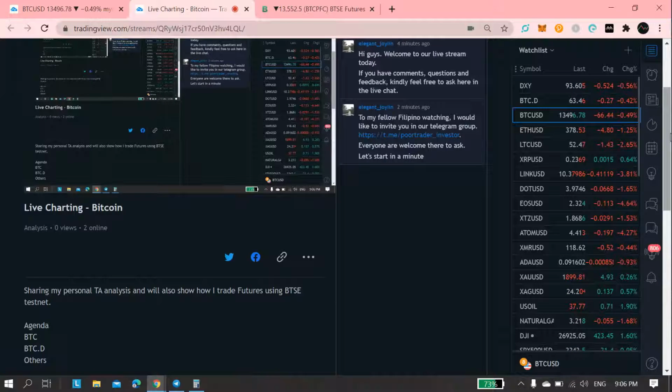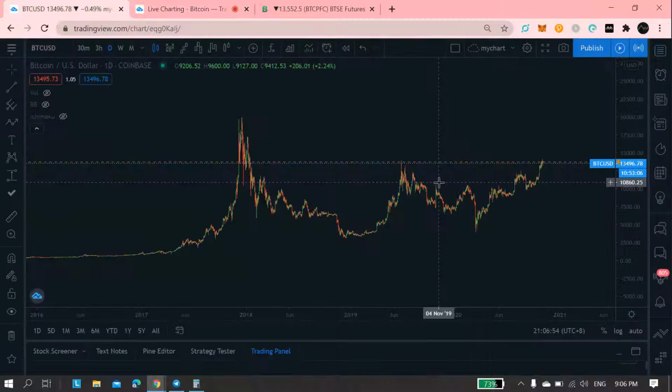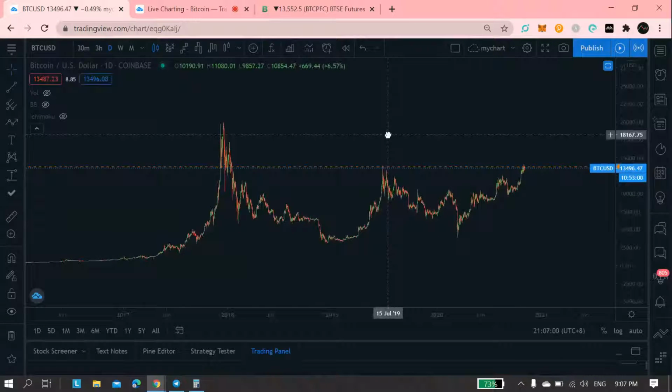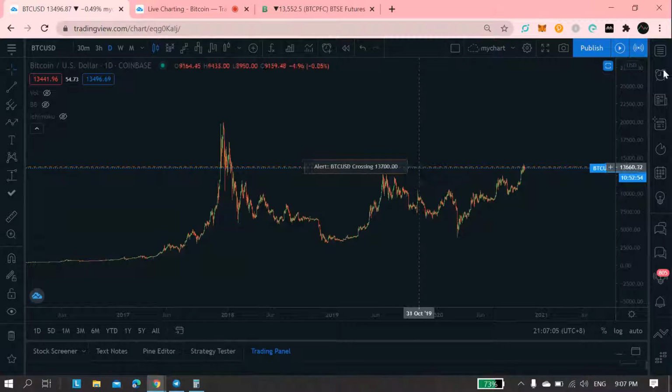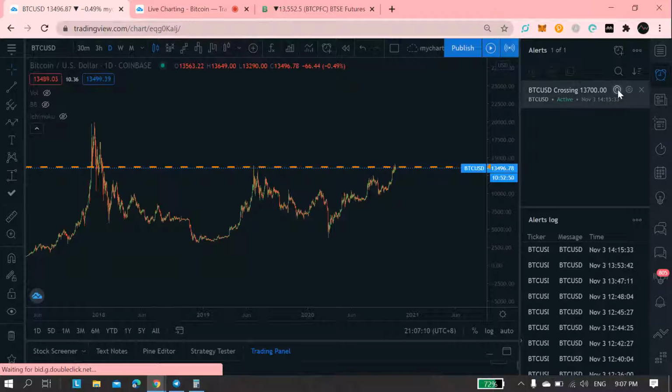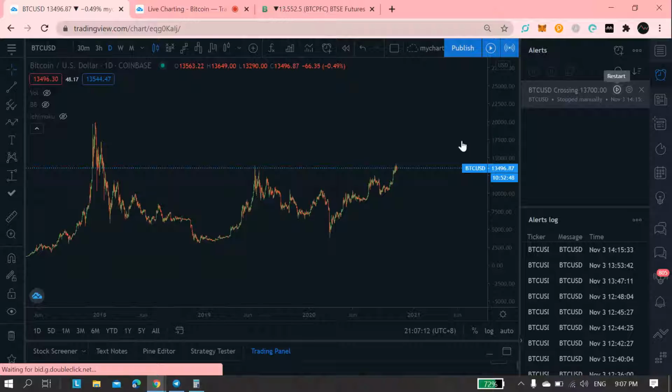So let's start this Bitcoin chart using Coinbase. I'm using the daily time frame.